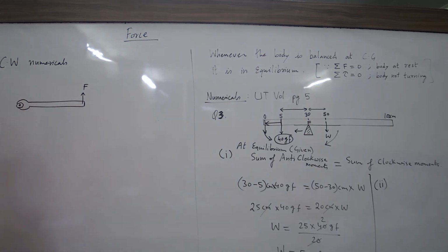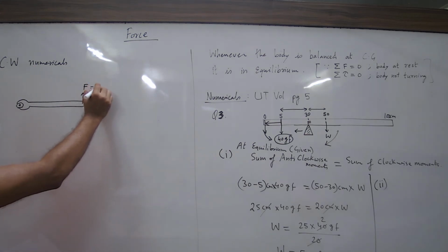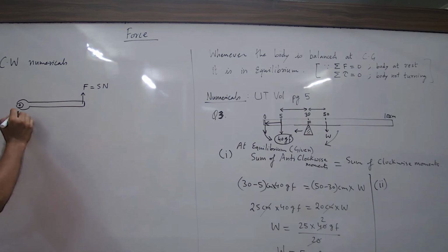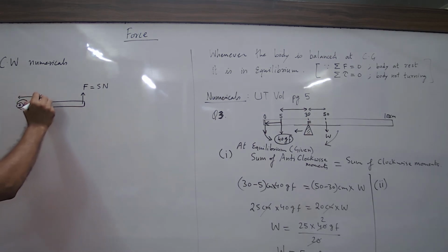So F is given to you as 5 Newton and this is 10 centimeter. So what is 10 centimeter? 0.1 meter. So you have to keep all the units in SI.